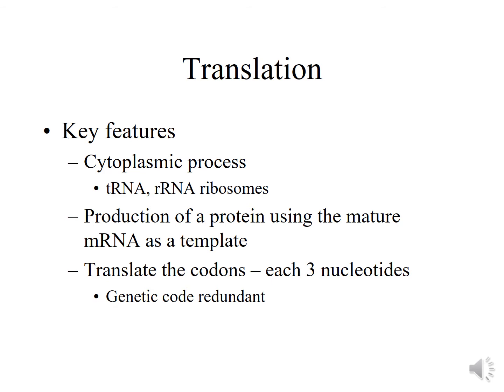During the process of translation, the mRNA is read or translated in groups of 3 nucleotides at a time, and these 3 nucleotides are the codons. And so there is a correspondence between 3 nucleotides and each of the 20 amino acids that we have.